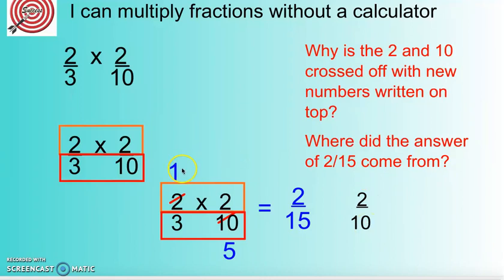Now, where does the 1/5 come from? Now, if you're thinking that, hey, 1/5 is equivalent to 2/10, you are right. What did you do to the 2 and the 10 to get to 1 and 5?